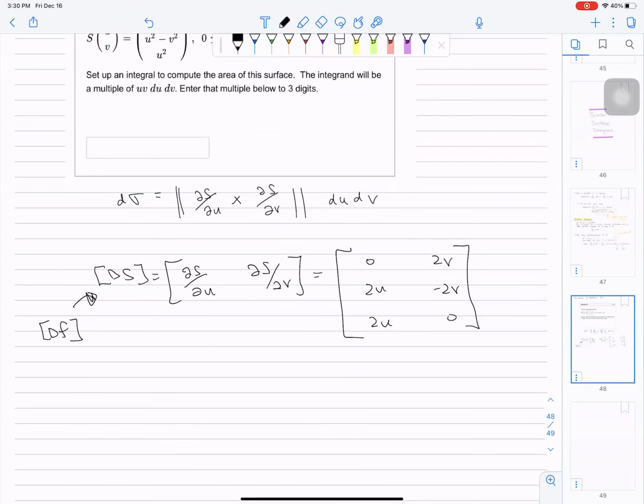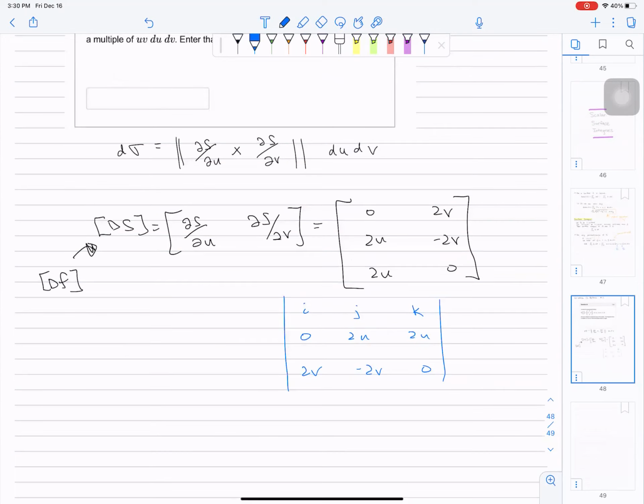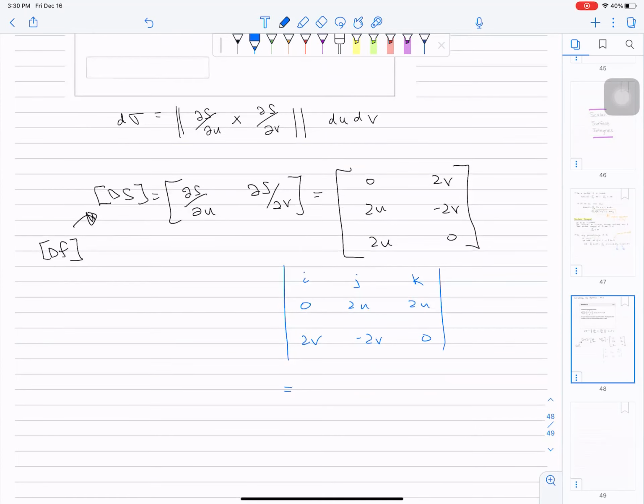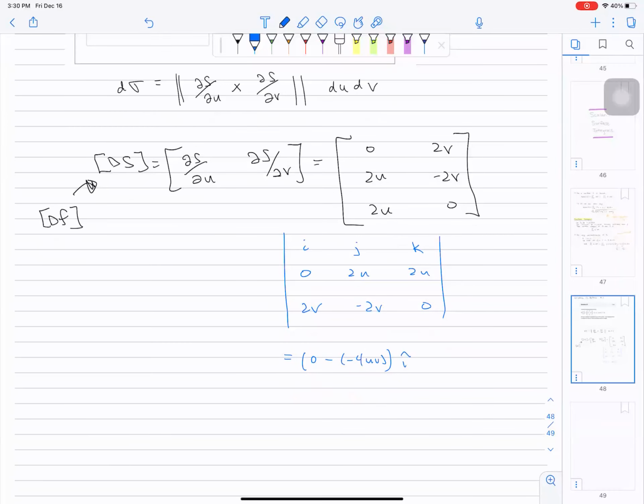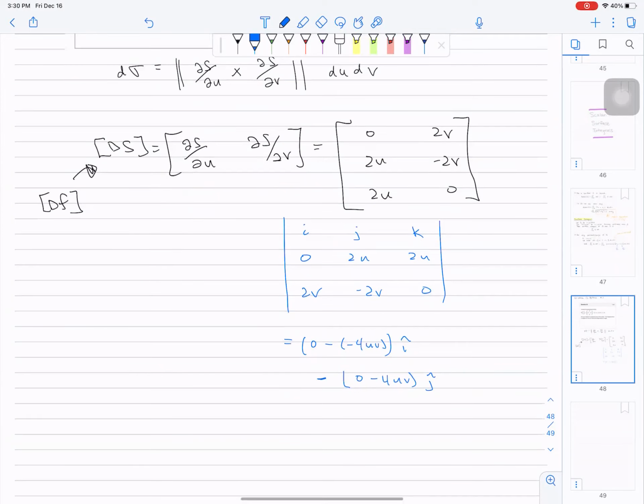How do I do a cross product? Recall that you can do it multiple ways. I usually like to do the IJK way. You write IJK, you write each of the vectors as rows, and I take the determinant. So the i component is 0 minus negative 4UV. Minus, 0 minus 4UV, that's the j component.